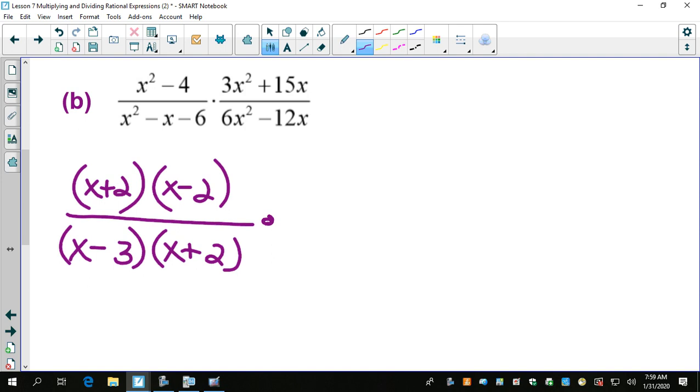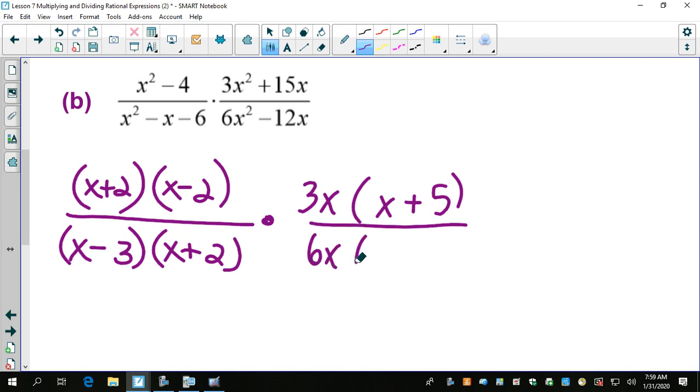Now I pop over to the right fraction. What do I factor out on the top? 3x. And I'm left with, good. And on the bottom? And I'm left with, okay.